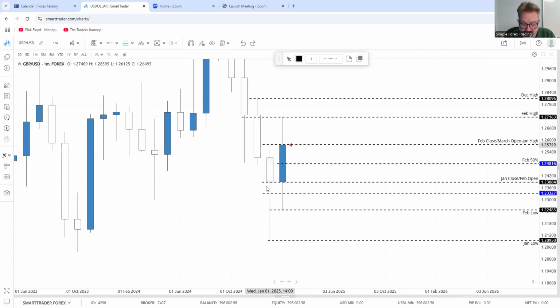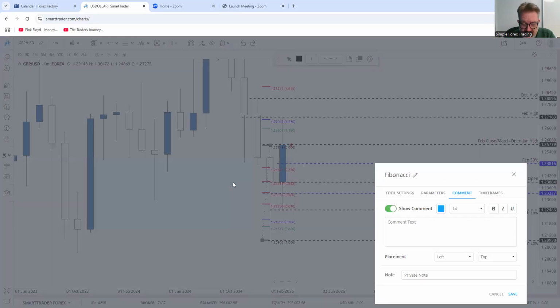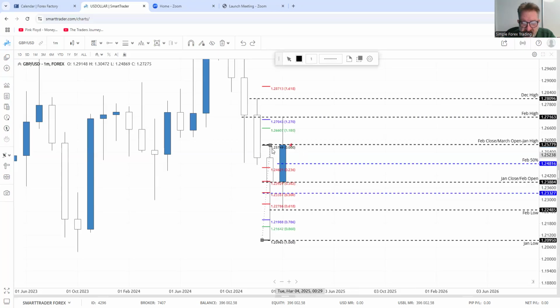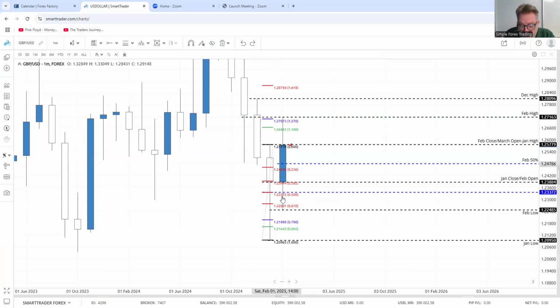So I'm on the high, I'm on the low, and the 50%, a little shy. There we go. So this is the adjustment right here. We can see it's been fulfilled, right?